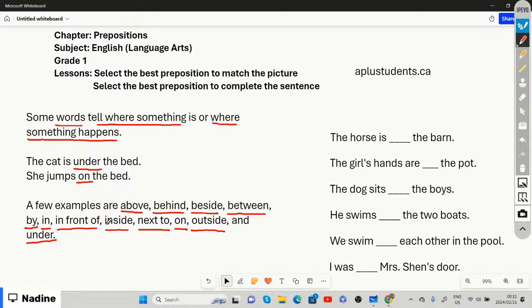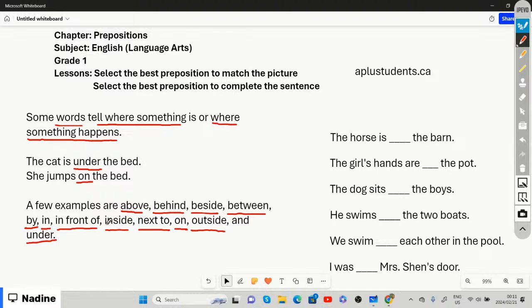All right, so now we're going to do a little activity, just to see if we have a little understanding of prepositions. So we said prepositions are words that tell us where something is or where something happens, right?